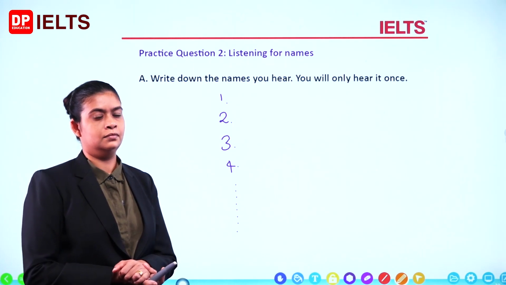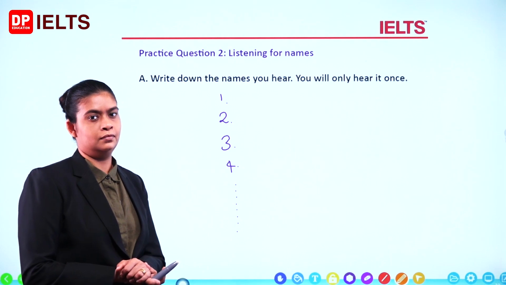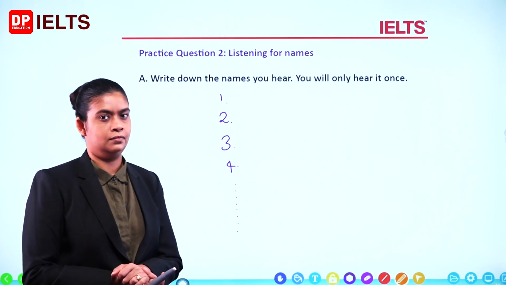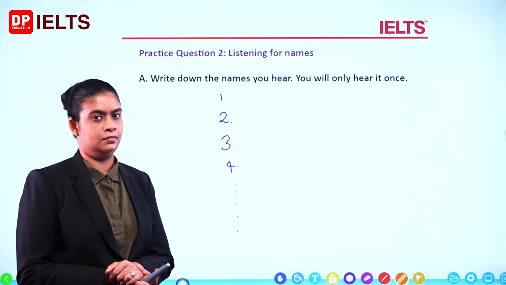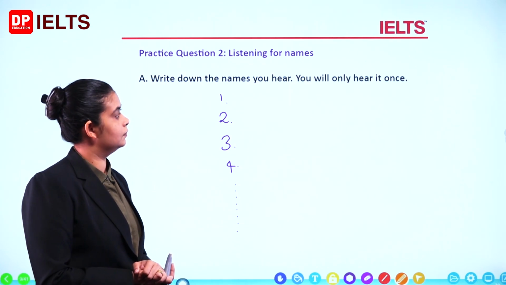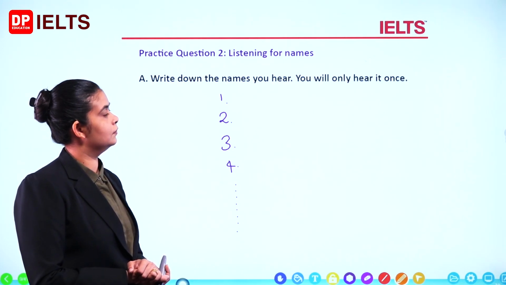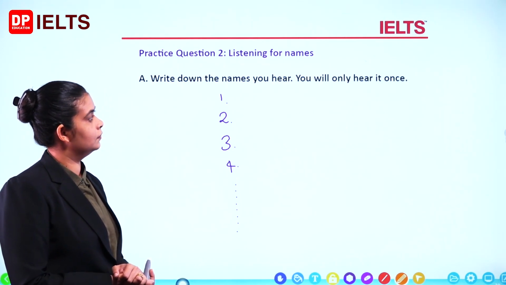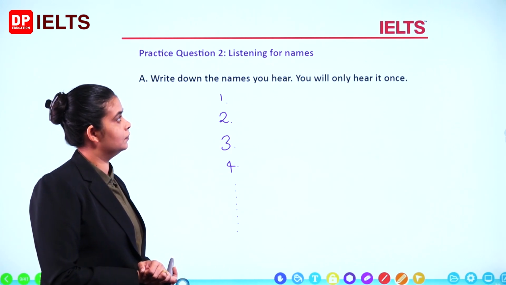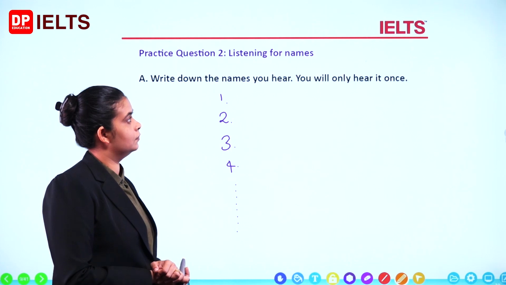Number 7. A.R. Beavers. The last name is Beevers. Number 8. James Chichester. The last name is spelled Chichester.